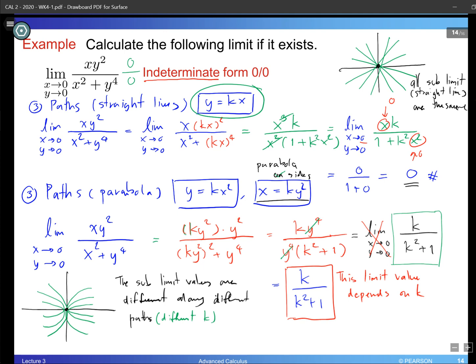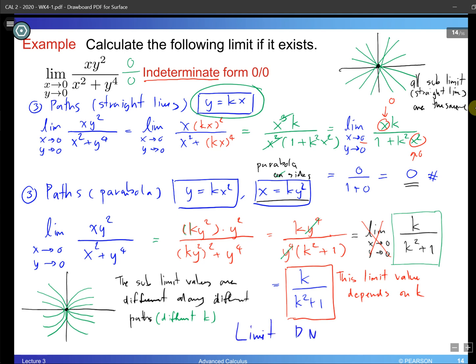Therefore, the limit does not exist here, because it requires all the sublimits to be the same in order for the limit to exist. And since they are different here, the limit does not exist for this example. And that is the answer.